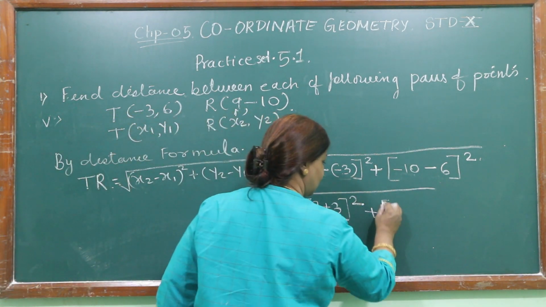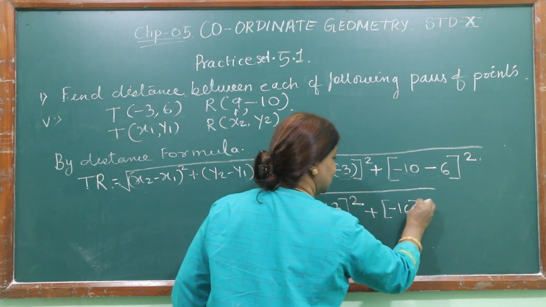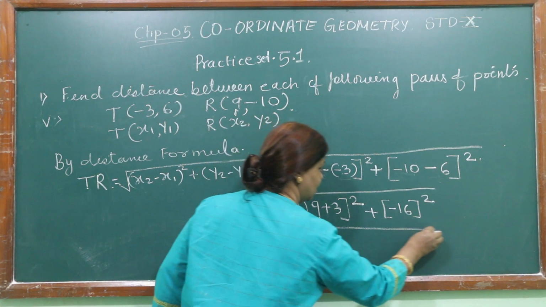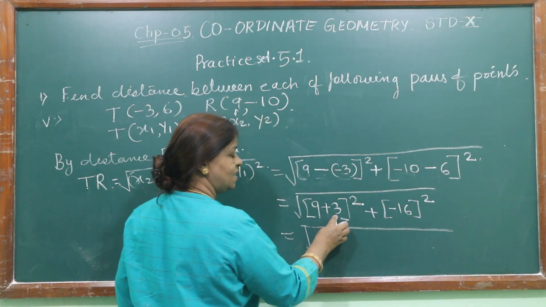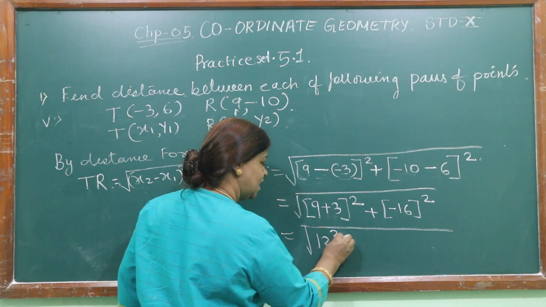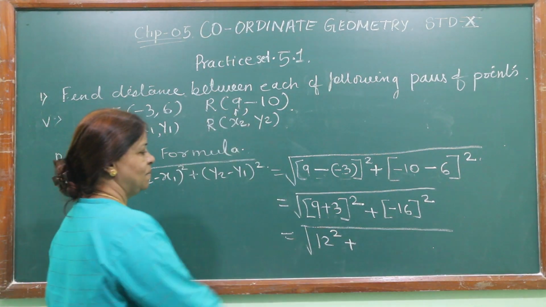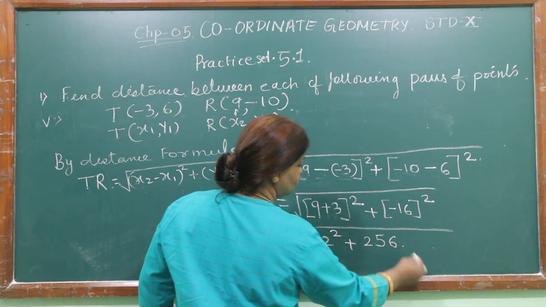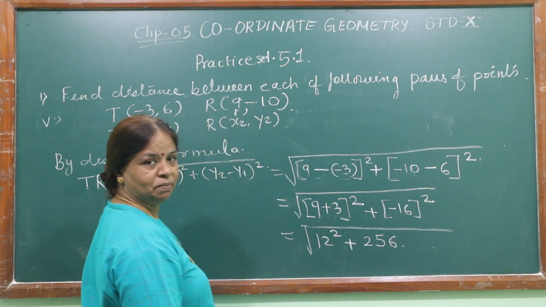It will be minus 16 and whole square. That would be 9 plus 3 will be 12. 12 the whole square. We can write easily. Minus 16 square, children, 256. You should learn by heart all these squares of numbers.